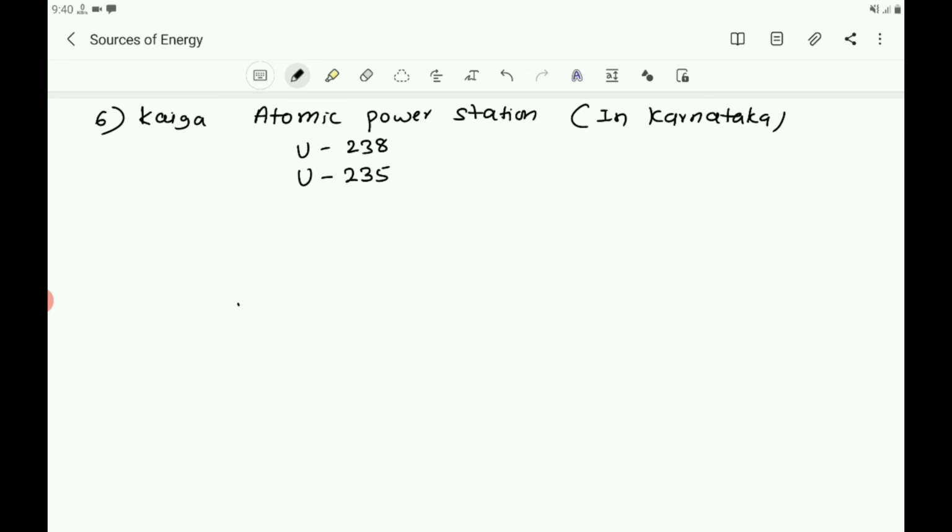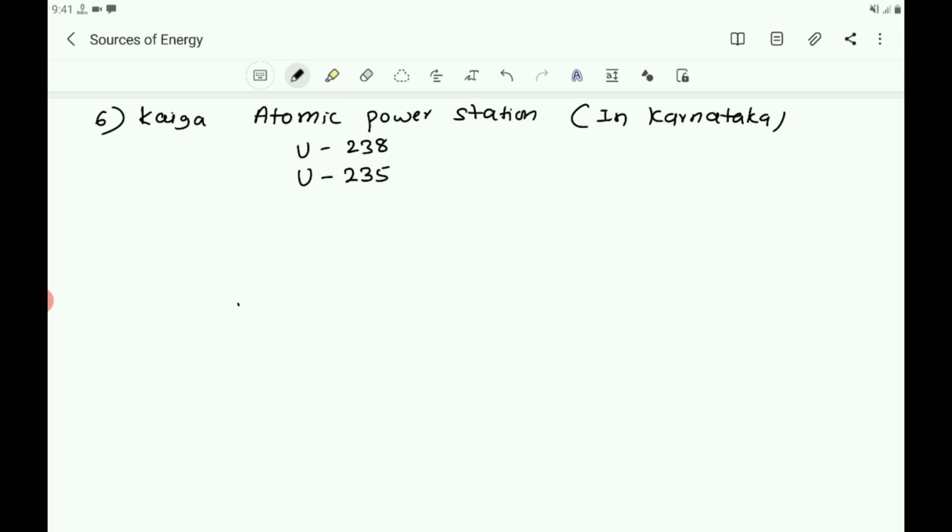It causes serious health hazards due to emission of harmful radiations like alpha, beta and gamma. You know that the nuclei which are obtained after the nuclear fission reaction are unstable, and the disposal of the spent or used fuels is very difficult.